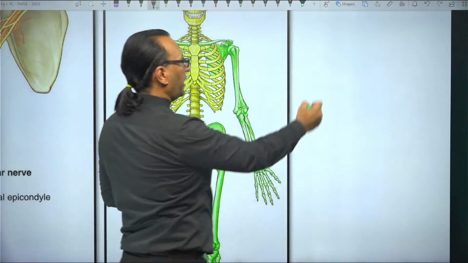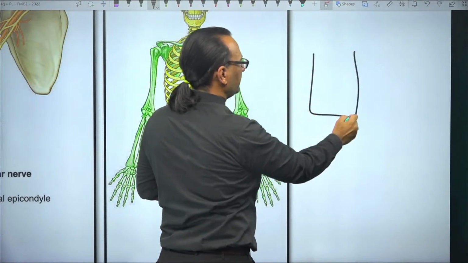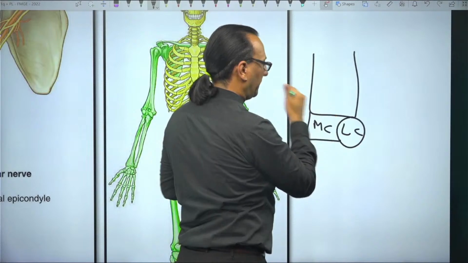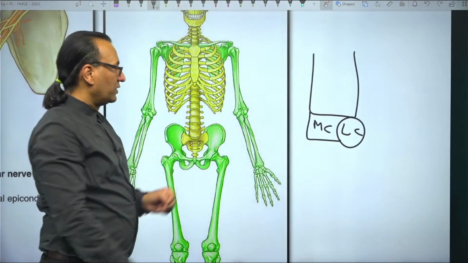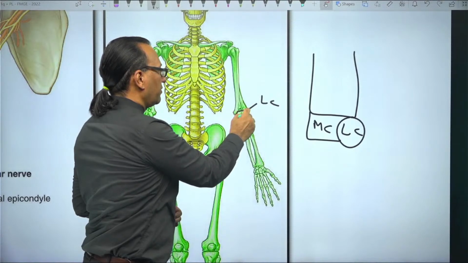So when you look at the lower end of the left humerus, you'll find there is a lateral condyle and there is a medial condyle. This is the lateral condyle and this is the medial condyle.